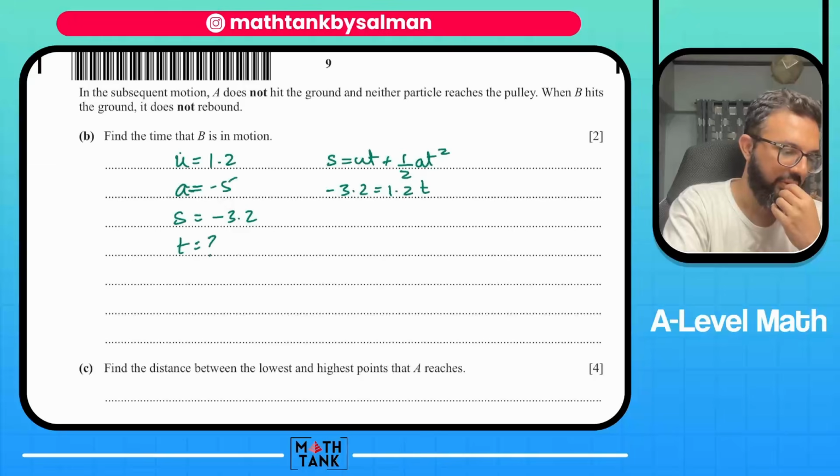So ut plus half a t squared. I don't know why it's a 2-mark question. It's a lot of thought.